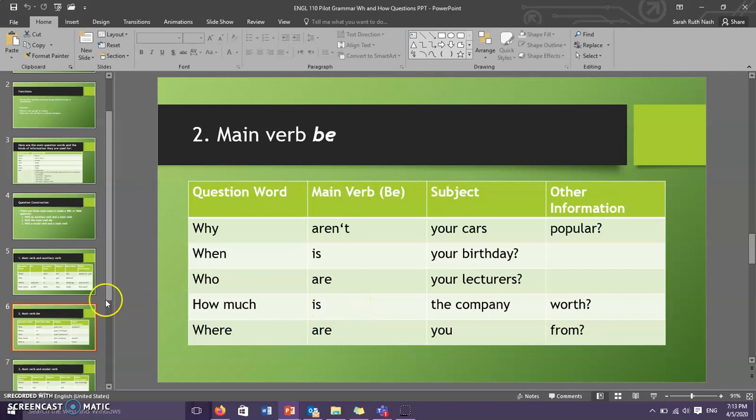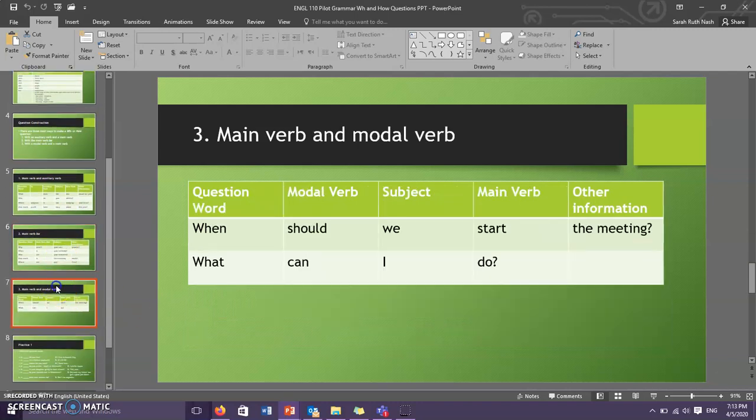Okay? Then we have main verb and a modal verb. So we've talked about modal verbs before. Should, can, must. So we can use these modal verbs in the question. We still have this question word at the beginning, when, what, but then we have the modal verb, and then the subject, and then a main verb.